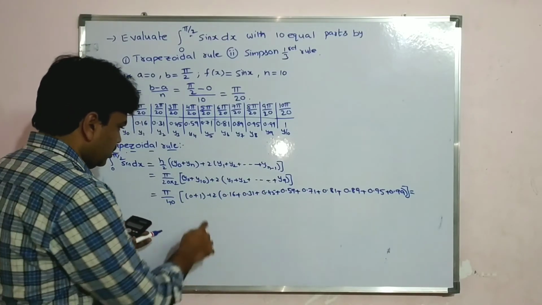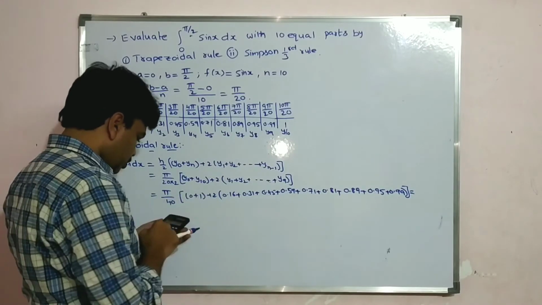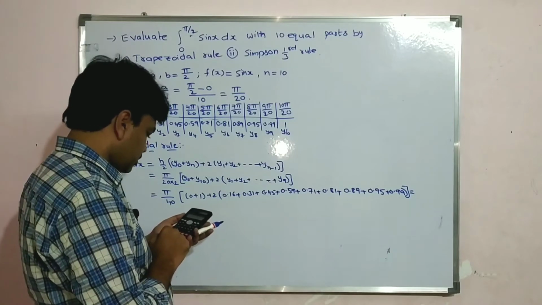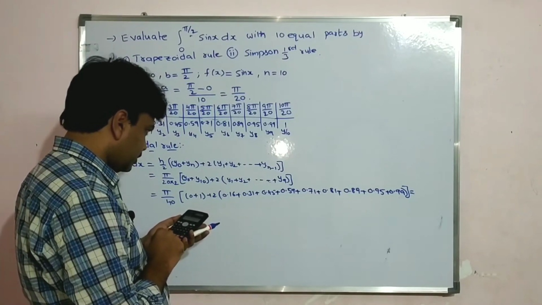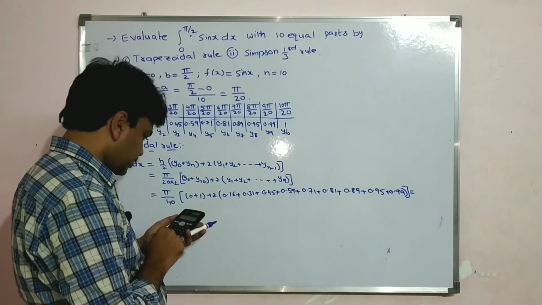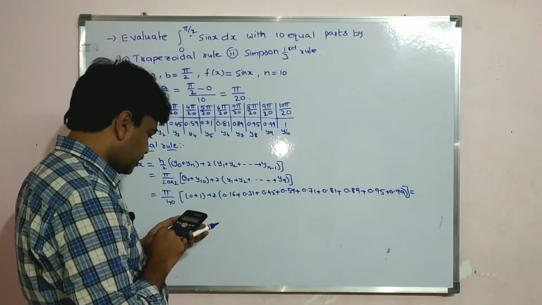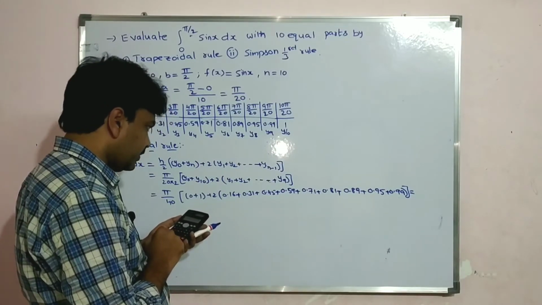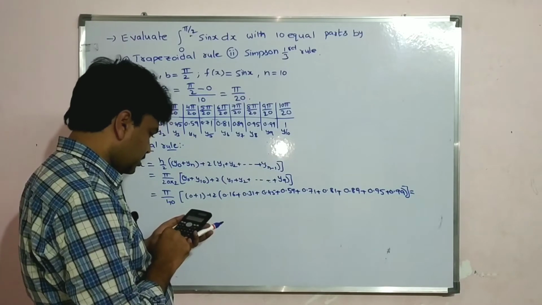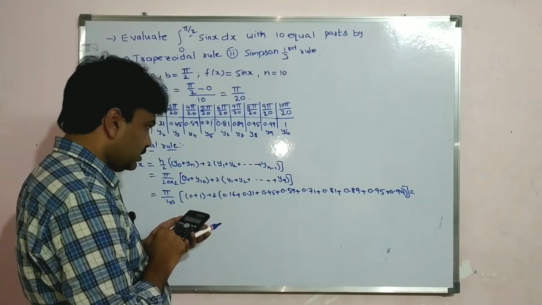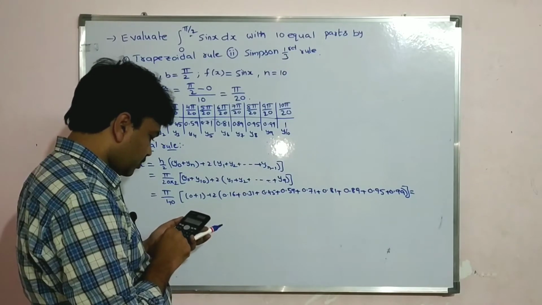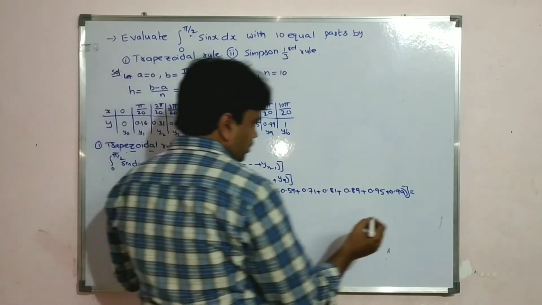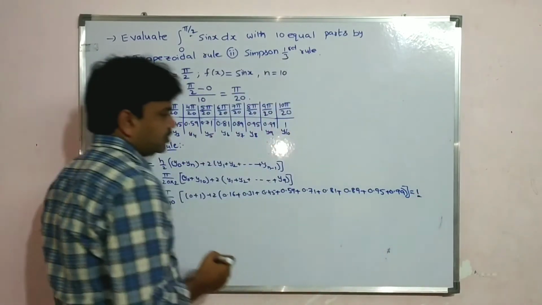Again put bracket 1 plus 2 into bracket 0.16 plus 0.31 plus 0.45 plus 0.59 plus 0.71 plus 0.81 plus 0.89 plus 0.95 plus 0.99, bracket close, again bracket close. That is equal to, we get the value 1, students.